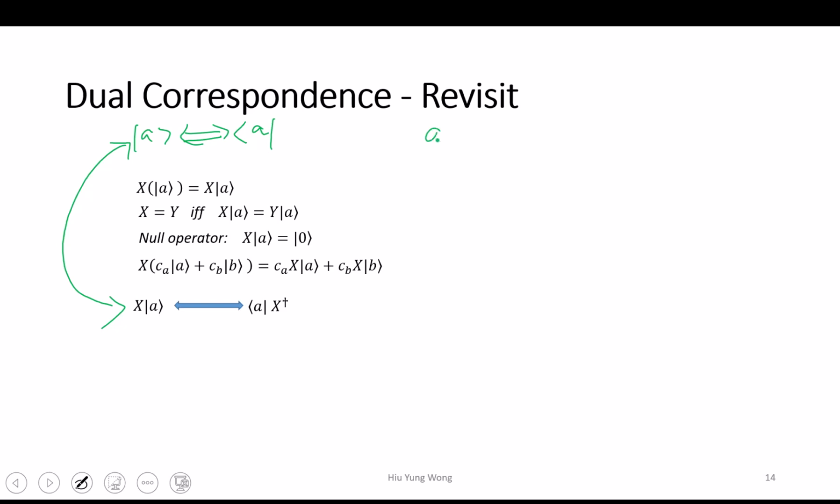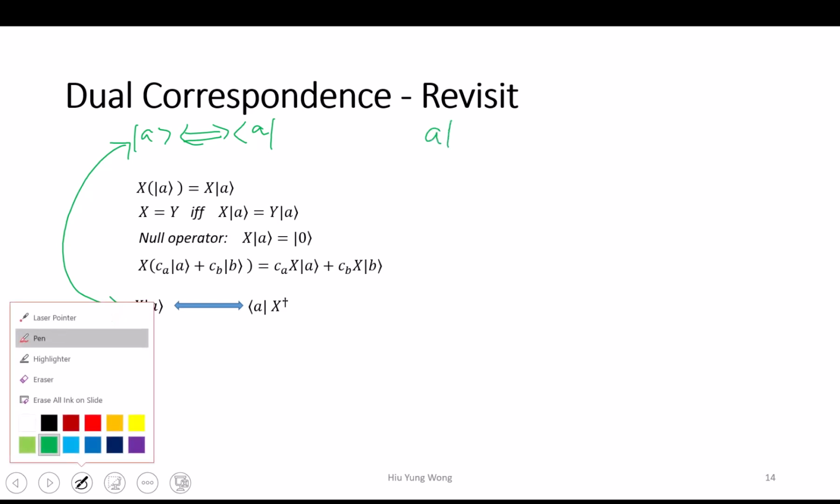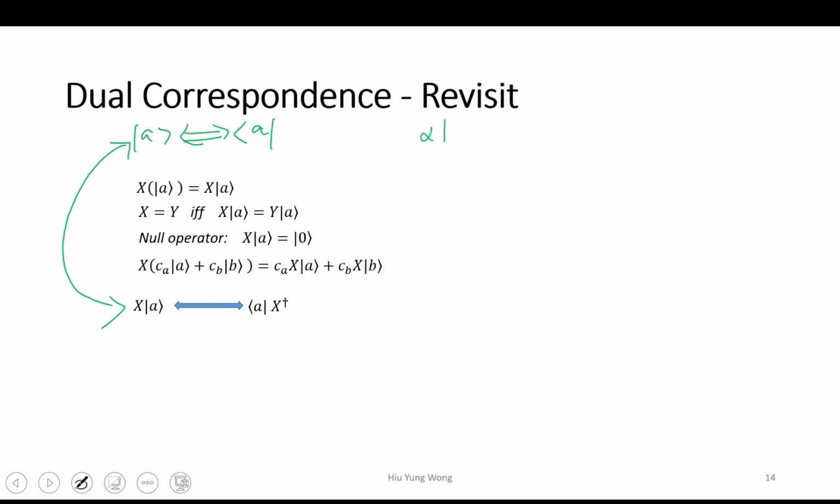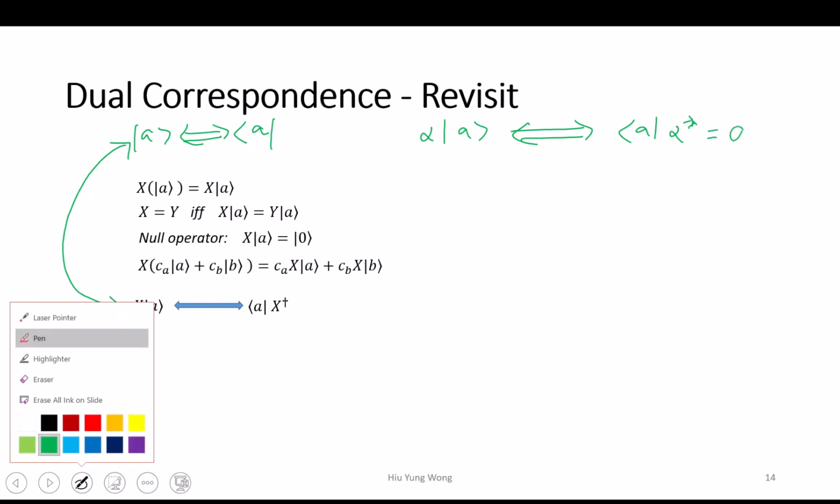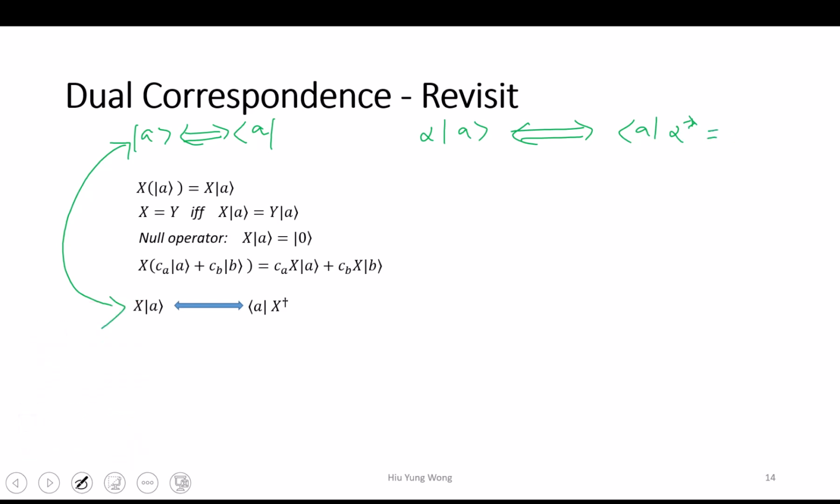If this cat, let me change this to, let's say alpha, is scaled by alpha, then its image will be scaled by alpha star. Just remember the complex conjugate. Of course, this can be written as alpha star A. That is also okay. That is the first thing.